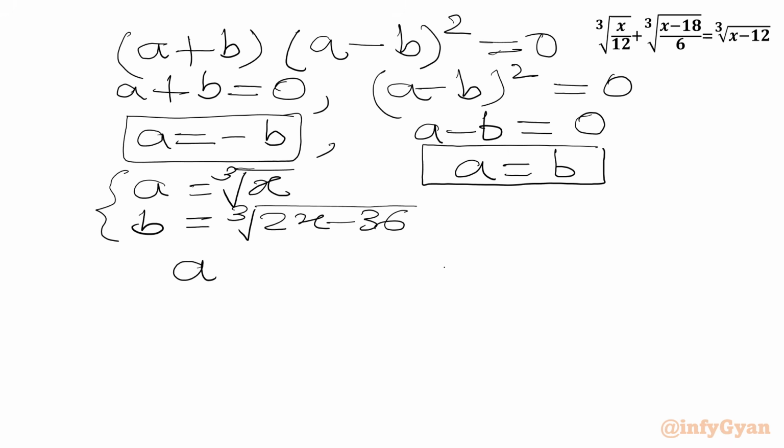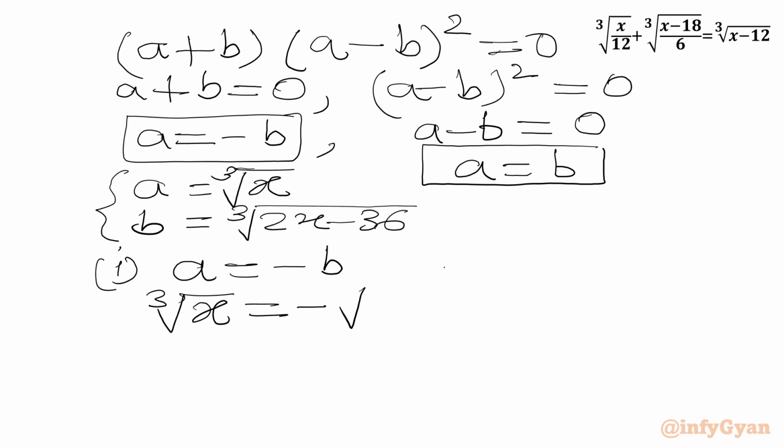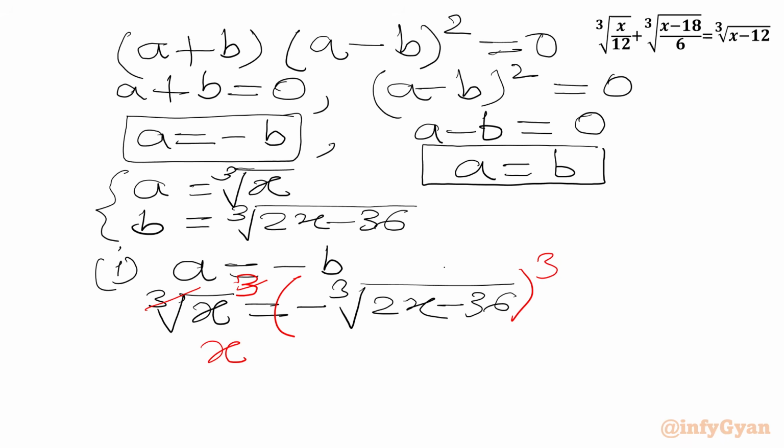So I will begin with a equal to minus b. Let's put a equal to cube root x equal to minus of cube root of 2x minus 36. Now we have cube root on both sides. We will cube both sides. So I will write here power 3 in LHS and RHS. Cube root and cube will get over. We will get x in LHS.